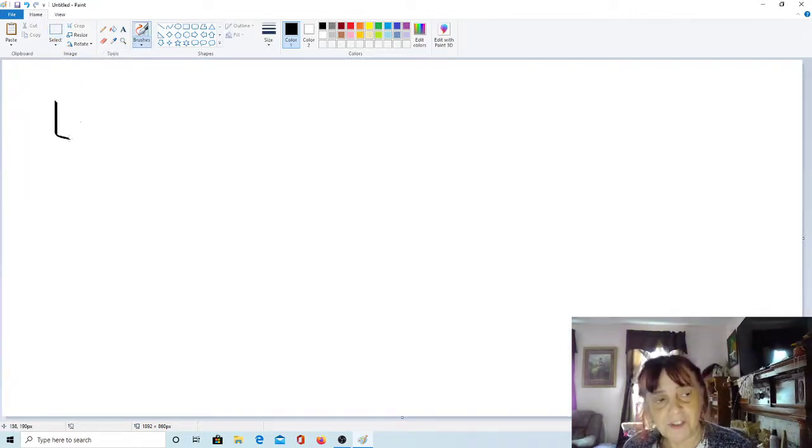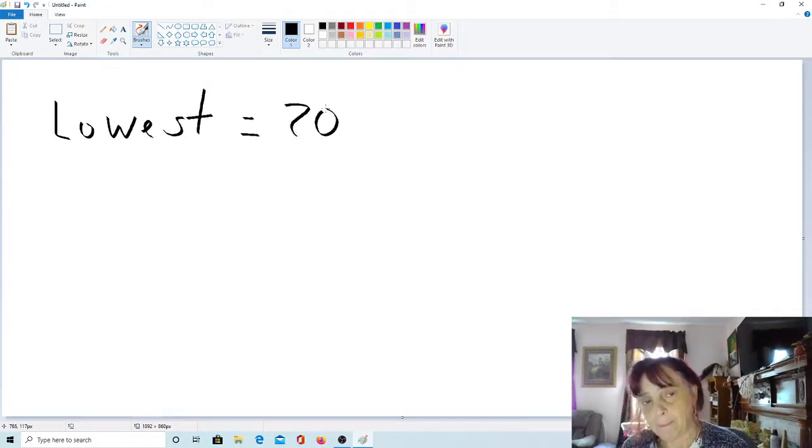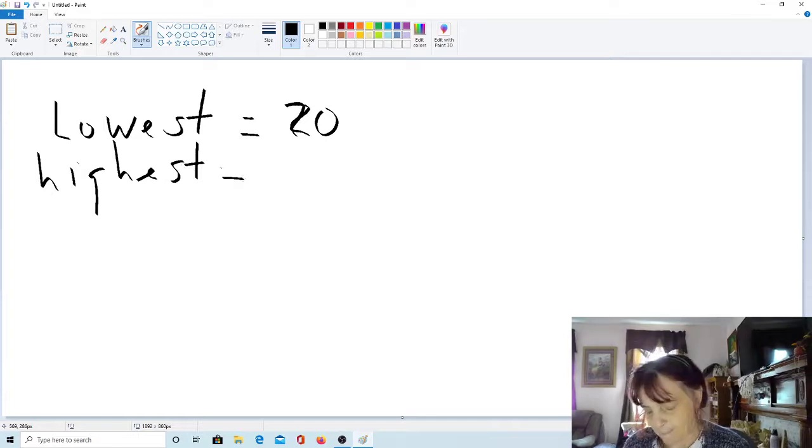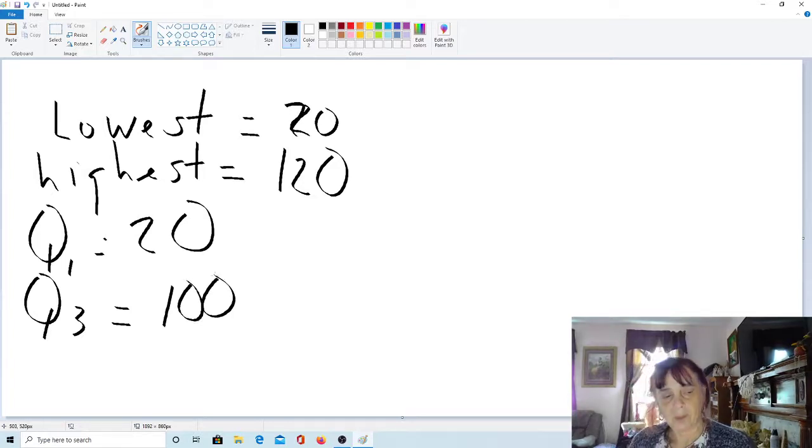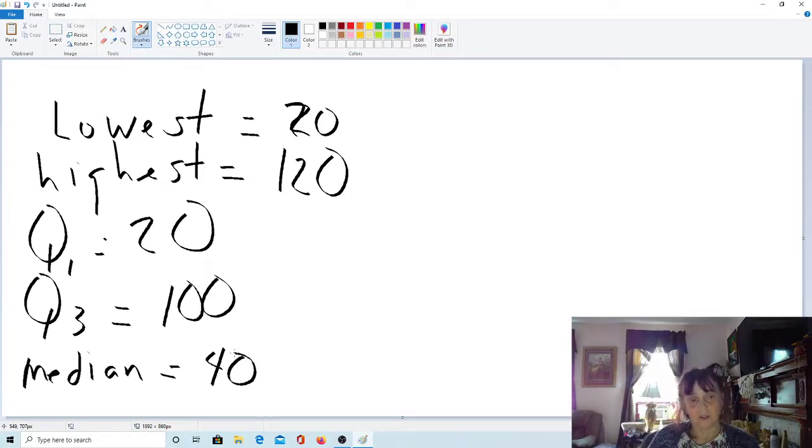Okay, so you have the lowest number is 20, the highest number is 120, Q1 is 20, Q3 is 100, and the median is 40. Okay, so that's 5 different numbers: the lowest, the highest, Q1, Q3, and the median.